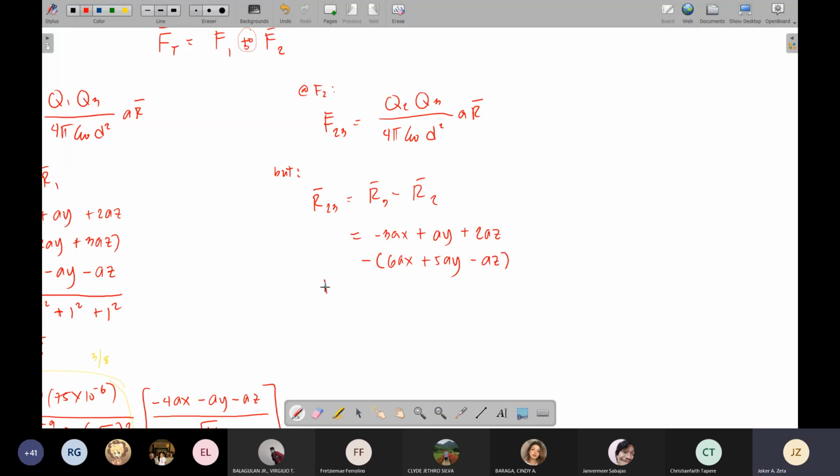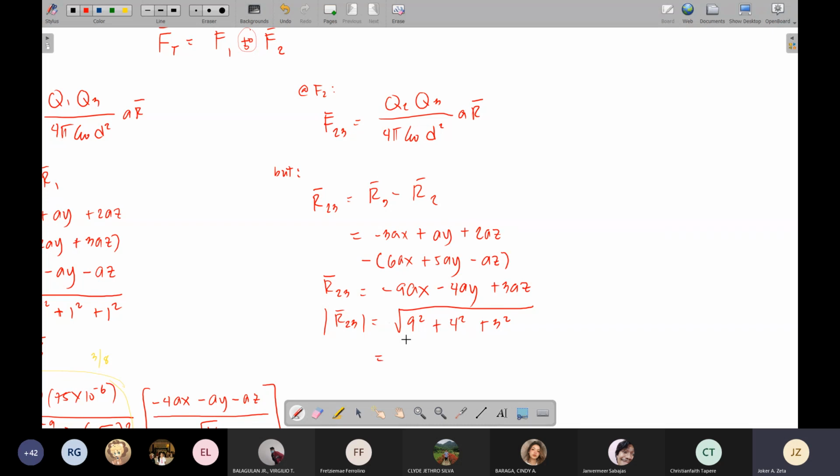Okay, therefore this is negative 9ax, then minus 4ay, then plus 3az. And its equivalent magnitude, okay, will be square root sa 9 squared plus 4 squared plus 3 squared.